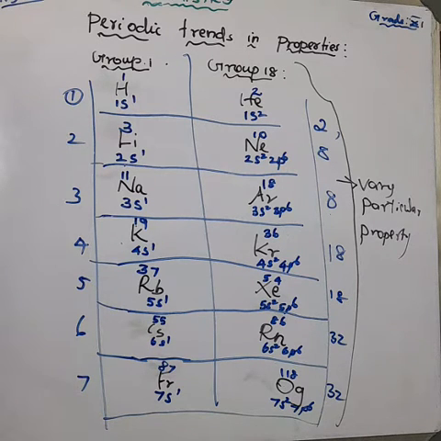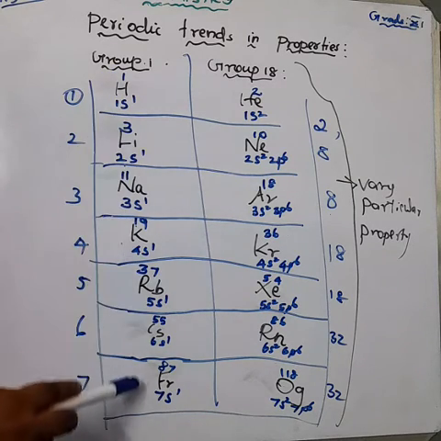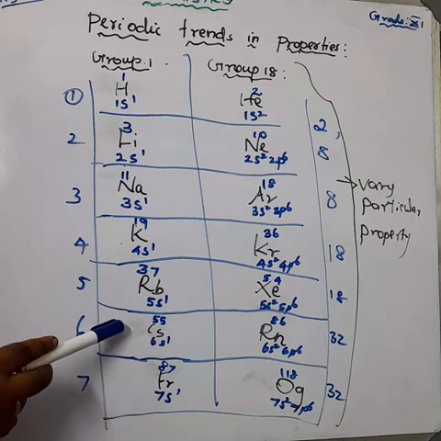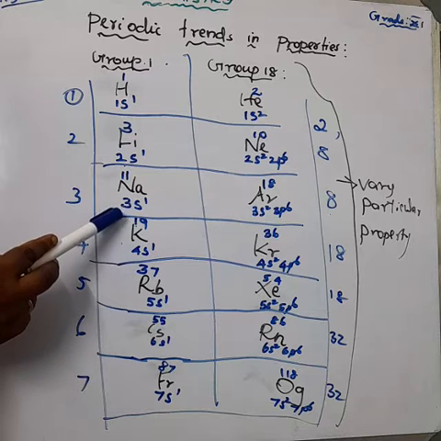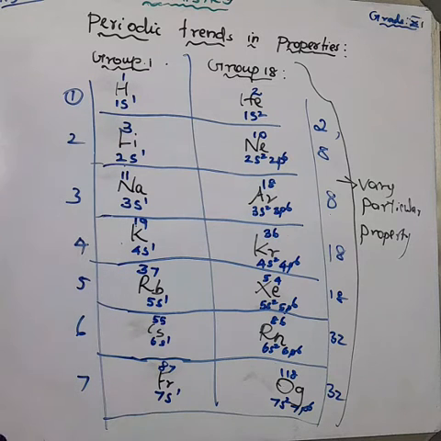Take this group, from hydrogen to francium, the atomic number increases. But all these elements have a similar outer electronic configuration.